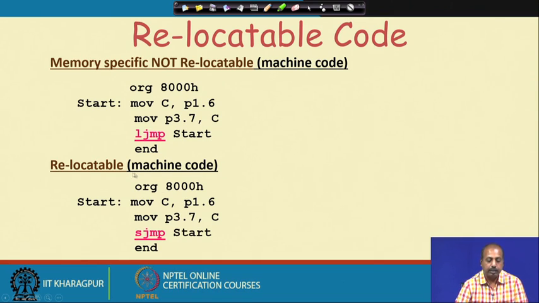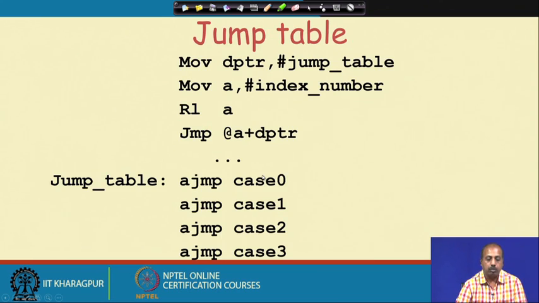But with an SJMP instruction, on the other hand, the code is relocatable, in the sense that while coding this instruction we note down the distance from this point to the point where you want to jump. That value is kept as part of the instruction and will be added to the program counter, and the system will jump to that address. So, LJMP instructions produce non-relocatable code, whereas SJMP instructions produce relocatable code.